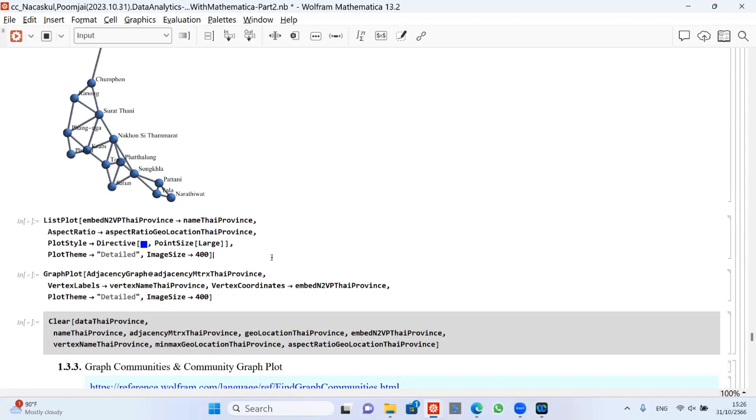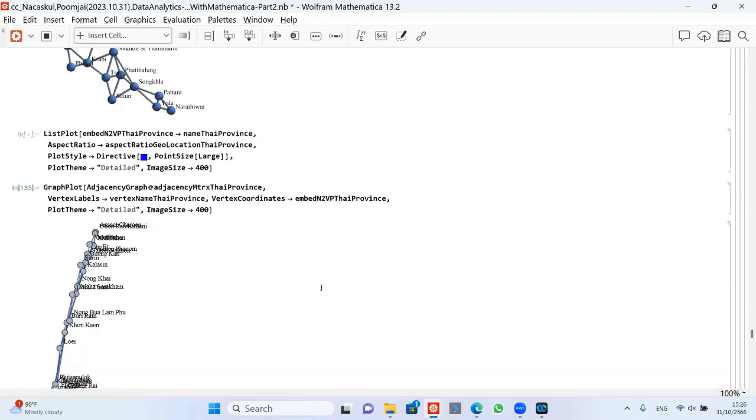Now, I told you that this chapter is about graph analytics. And so far, we've done graph analytics without machine learning. There is a thing called machine learned graph embedding. I'm just going to show you the result. It looks a little bit like this.